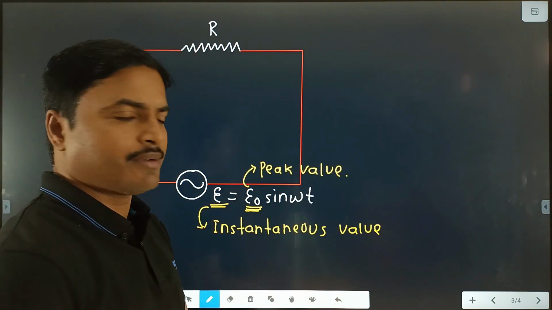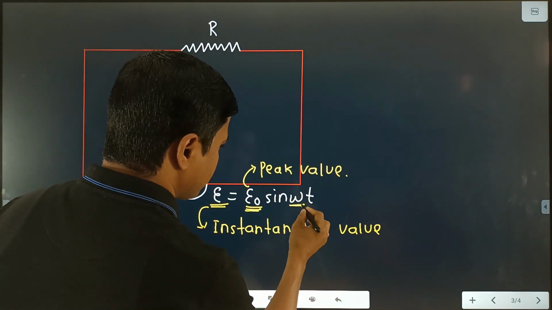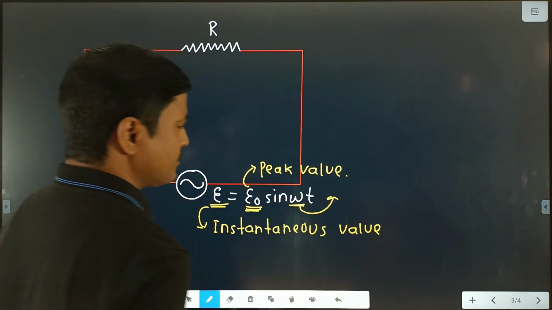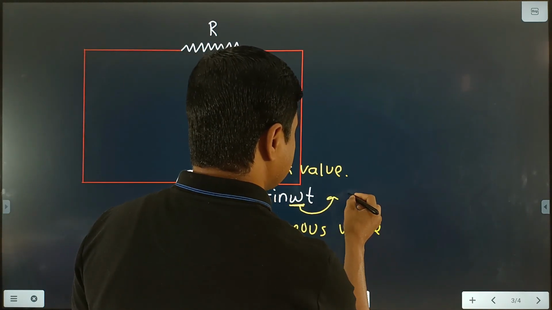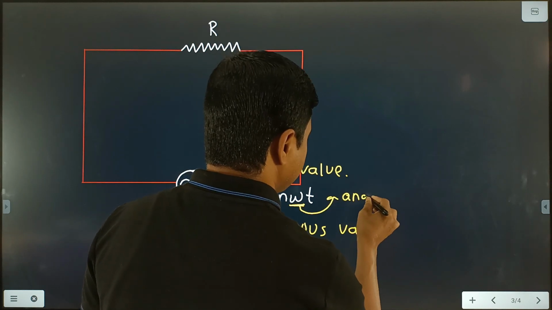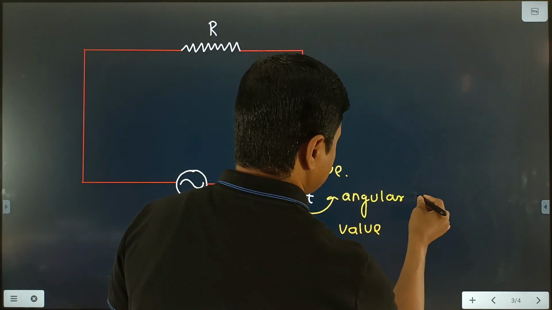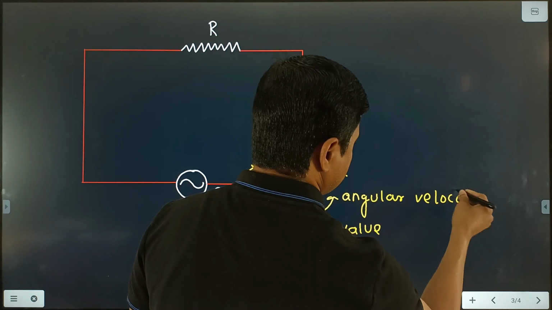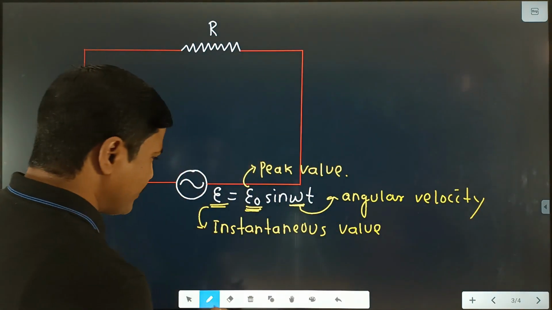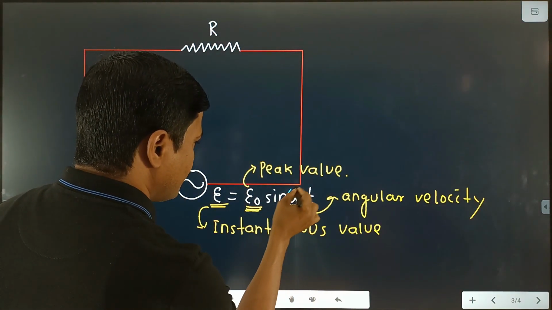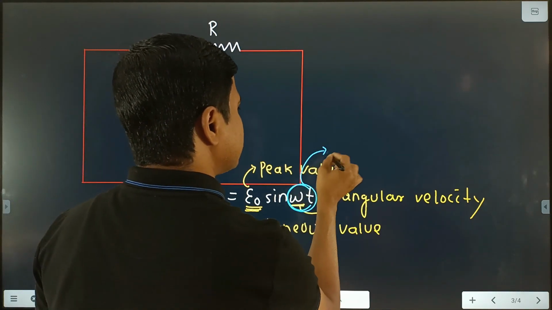E0 is known as the peak value. Omega is known as the angular velocity, or that is also known as angular frequency. And omega t is known as the phase.